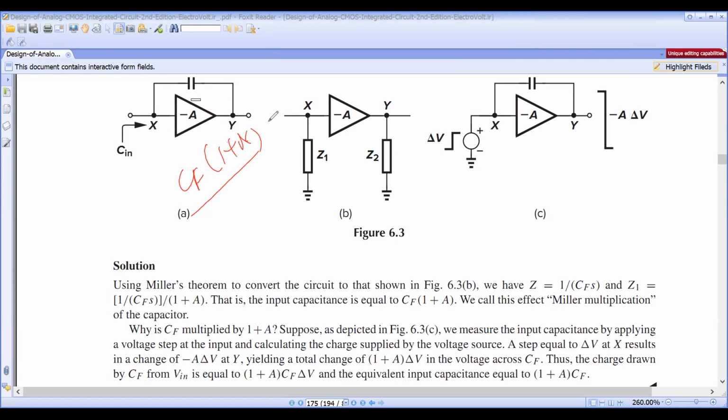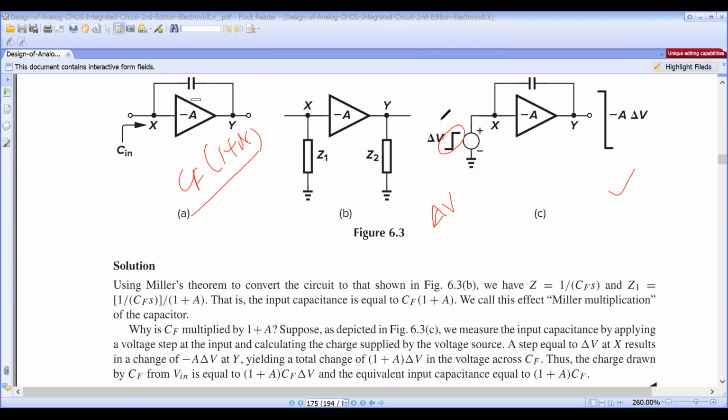Because if you consider the last picture, I am going to apply a step change whose value is delta V. So apply a voltage step at the input and calculate the charge supplied by the voltage source.